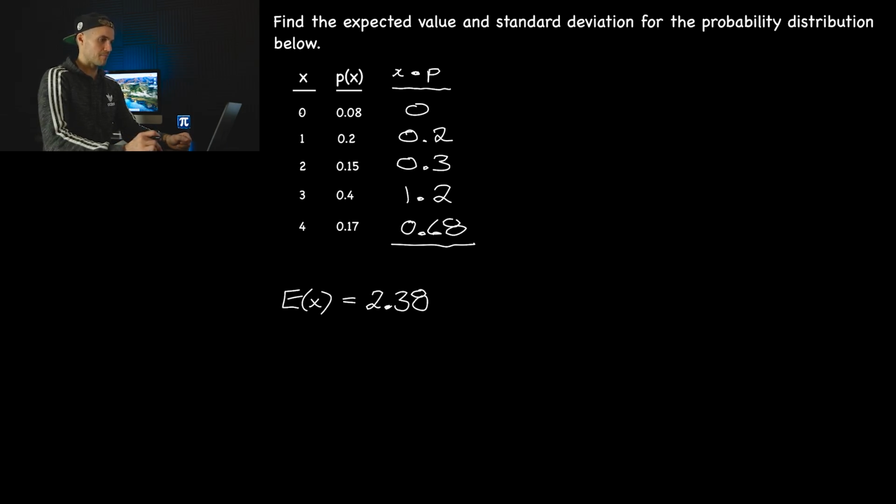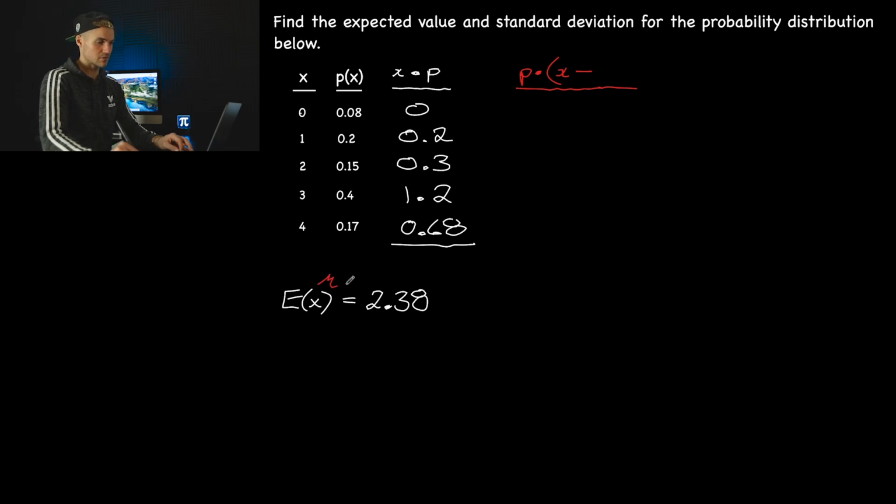For the standard deviation, we want to create a column where we take the squared deviations of the observations from this mean, and multiply each of them by the respective probability. So we take the probability and multiply it by the observation of that particular row minus the mean, or the expected value.